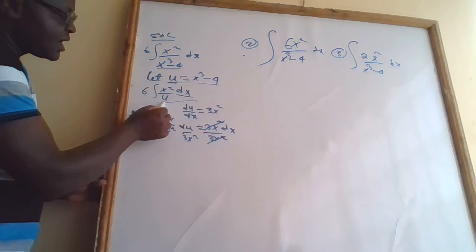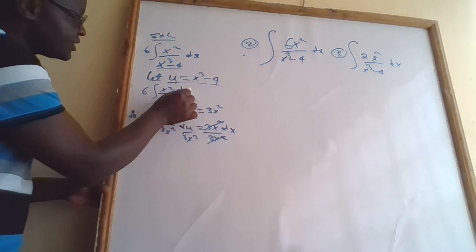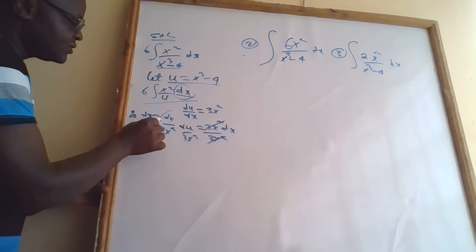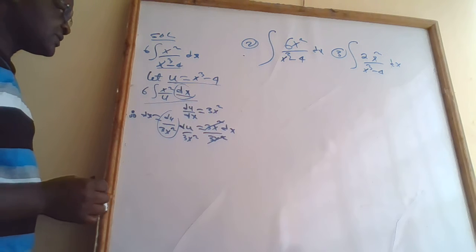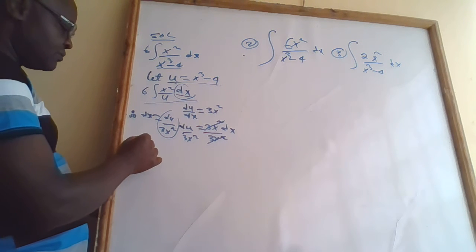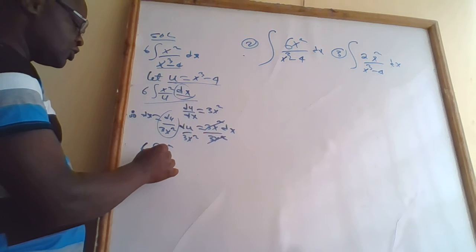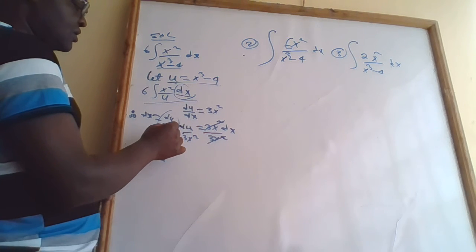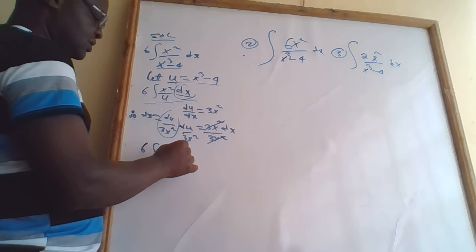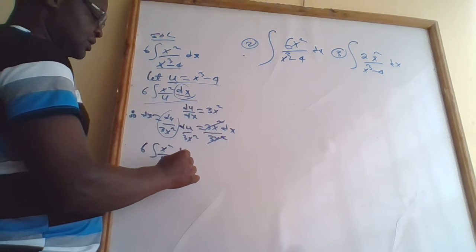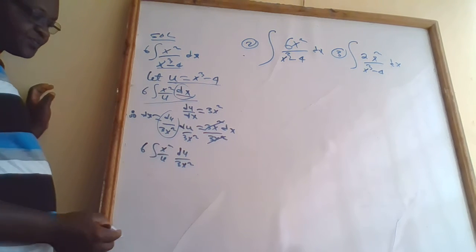So then our integral now becomes, we substitute dx by du all over 3x squared. So it becomes 6 the integral of x squared all over u, then du all over 3x squared.